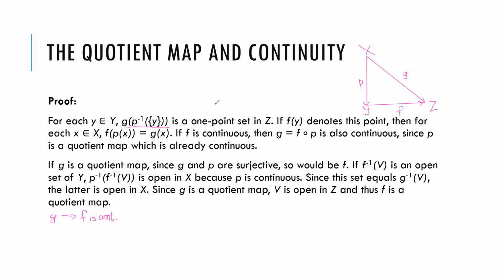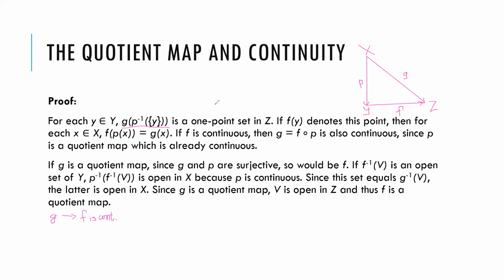Because basically we know that G is continuous, meaning that if we take an open set in Z, then G inverse of that open set should be open in X. And because P is a quotient map, we have a strong continuous property.